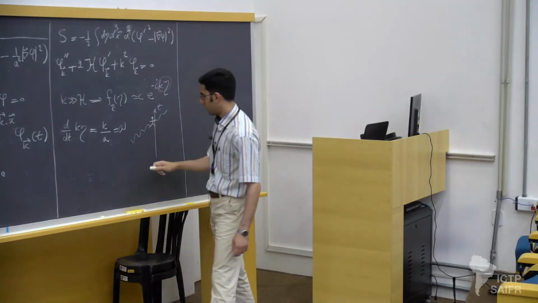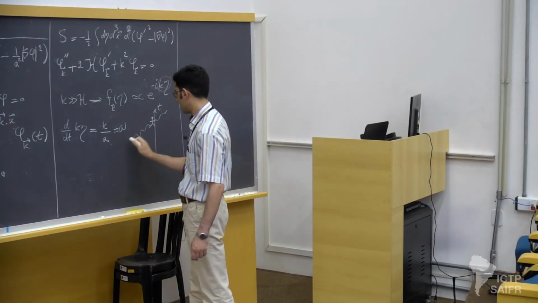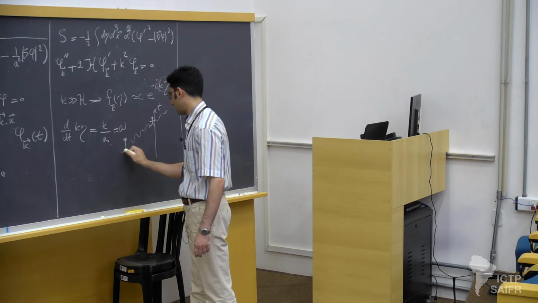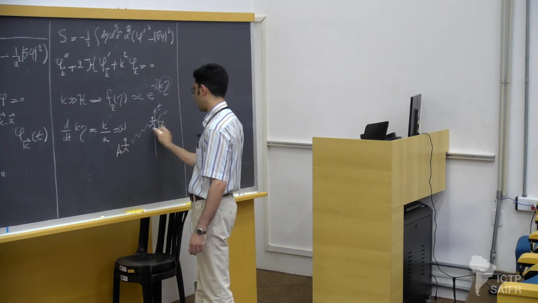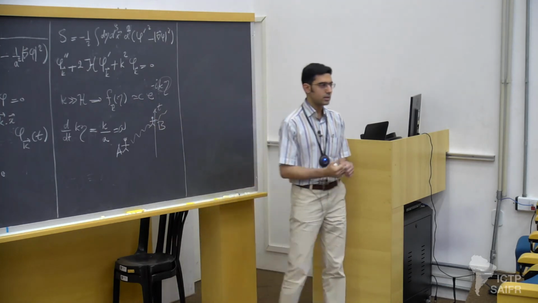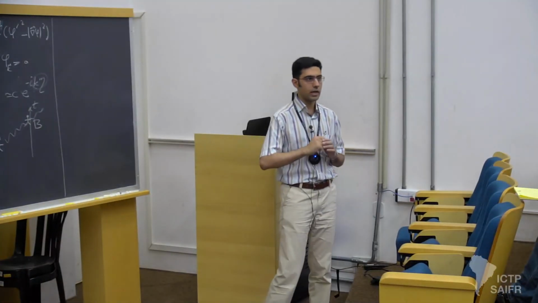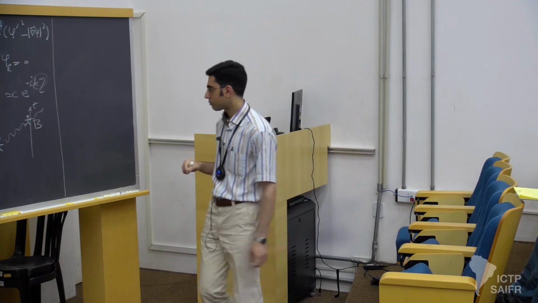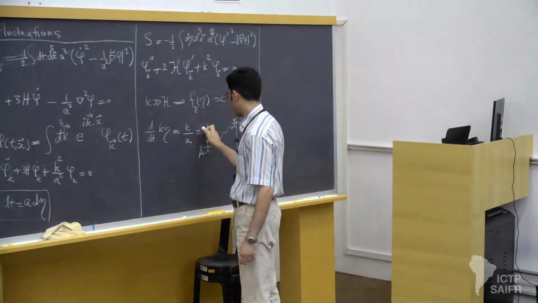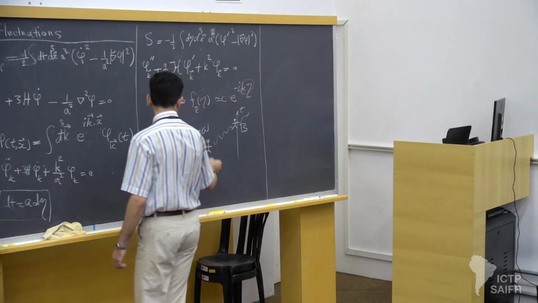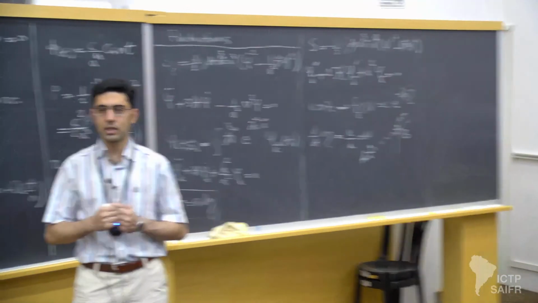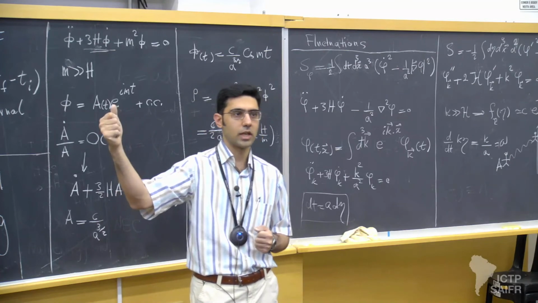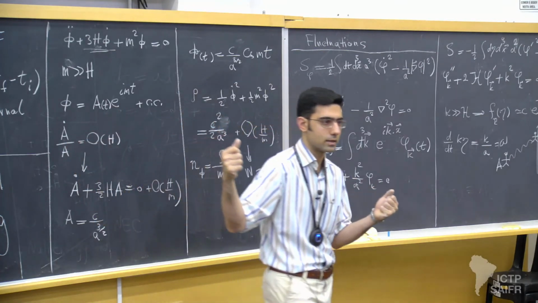So for instance, if I consider two observers, Alice and Bob. Alice is here, Bob is here. Alice is sending a signal to Bob, a very high frequency signal. Then there will be a change in the frequency of the signal that Bob is measuring compared to the one that Alice is sending.